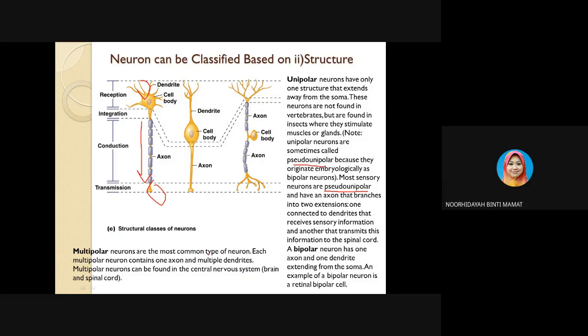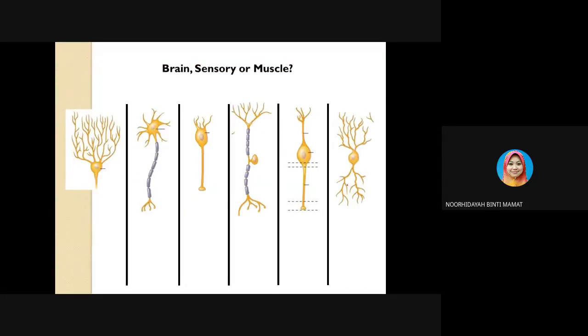So this is the classification of neurons based on structure. Again we have unipolar, bipolar, and multipolar, and we also have some sort of pseudo-unipolar. So can you classify the structure of these neurons based on their functions? Which neurons are located in the brain?